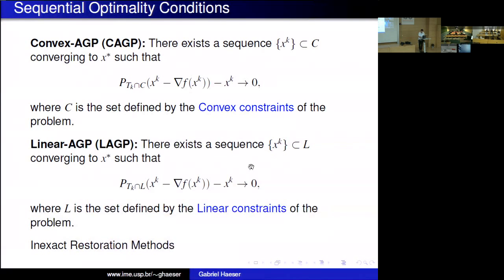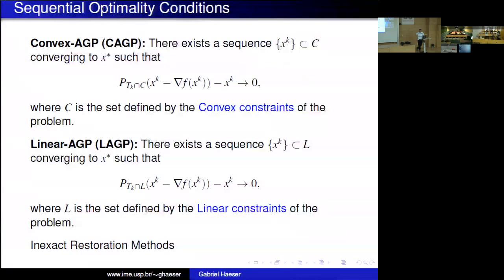Or if you can separate the linear constraints, and your algorithm generates a sequence inside this linear set, you project in this intersection now. Okay, so these are different optimality conditions. And this is done in particular in the solver Algencan that I mentioned for the Augmented Lagrangian.